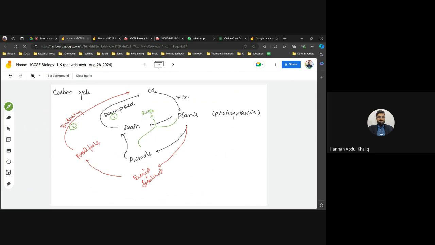And we know very well that in respiration, the carbon dioxide is returned to nature. So there are three ways in which the carbon dioxide is returned to nature. This is important to know because it is sometimes asked in a 2 or 3 marker question. So that is basically the way of returning the nutrients back to the environment, the nitrogen and carbon cycle.